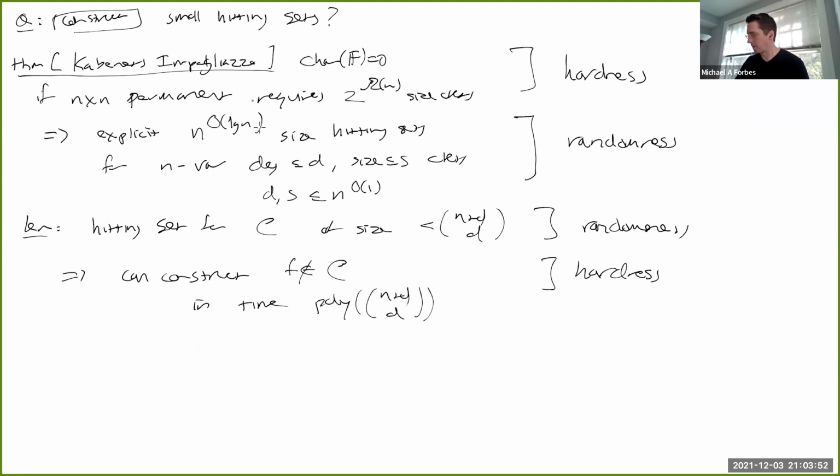And I'll mention that in the Kabanets-Impagliazzo result, I'm stating it for a certain set of parameters saying that the permanent is exponentially hard, but you can obtain different results by weakening the hypothesis and getting suitably weaker conclusions.